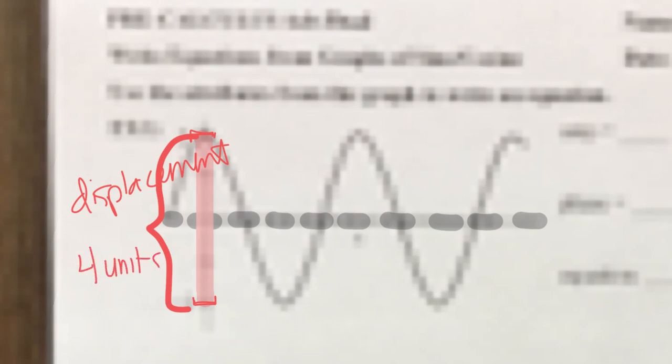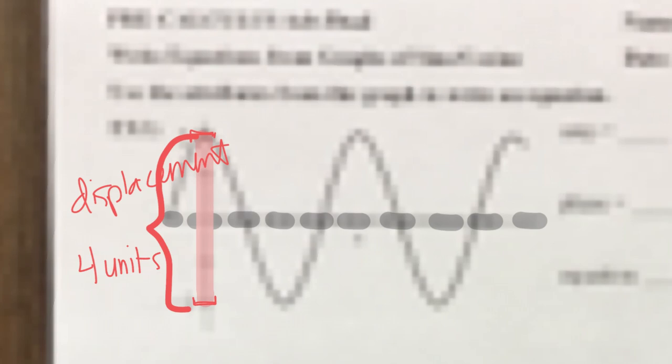In physics, this is called the displacement. This is the total displacement of your wave. The displacement goes from a maximum of +2 to a minimum of -2. So in other words, this gets displaced 4 total units from max to min.